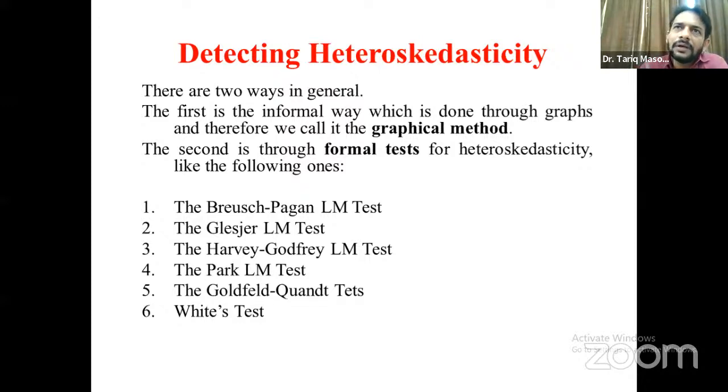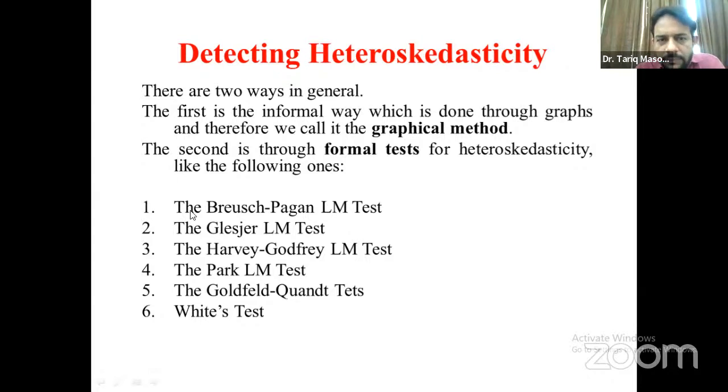Ultimately, you have to test all those assumptions on the basis of sample data, sample residuals. So this is one problem when it comes to testing of assumptions, because assumptions are basically about the population, and we are torturing our sample too much. We are estimating parameters, we are conducting hypothesis tests, and we are also testing population assumptions on the basis of sample data. So this is one issue.